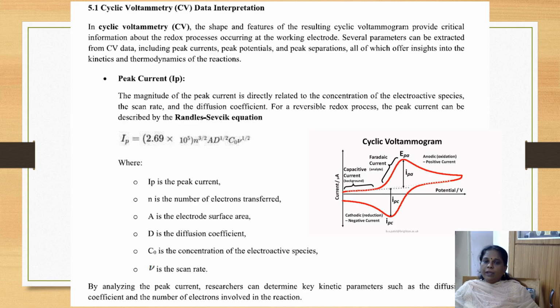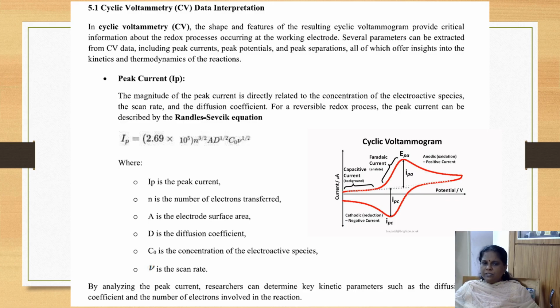For a reversible redox process, the peak current can be described by the Randles-Sevcik equation as Ip = 2.69 × 10^5 n^(3/2) A D^(1/2) C0 ν^(1/2), where Ip is the peak current, n is the number of electrons transferred, A is the electrode surface area, D is the diffusion coefficient, C0 is the concentration of electroactive species, and ν is the scan rate.